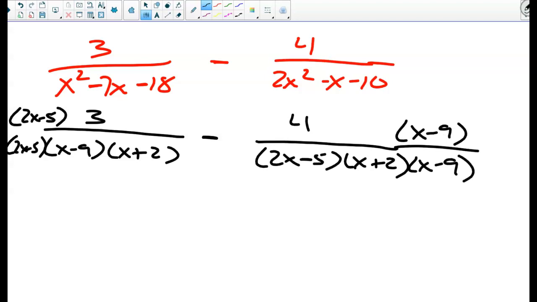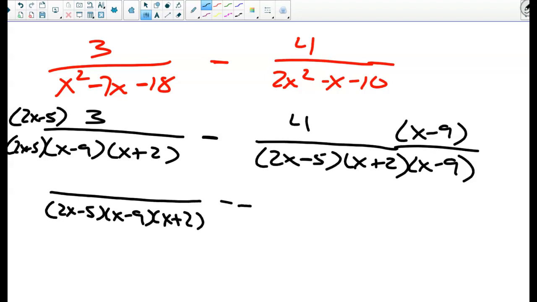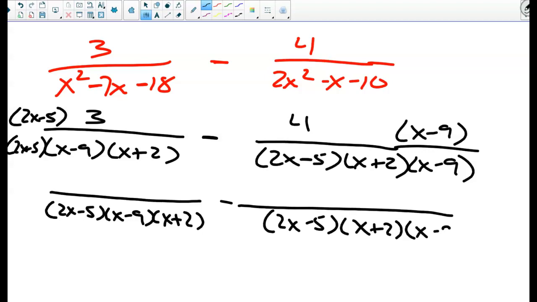Okay? So now, 2x minus 5, x minus 9, x plus 2. Minus 2x minus 5, x plus 2, x minus 9. If the order's not the same, that's okay. But we have the same three terms in both denominators. Now I distribute up top. 6x minus 15 minus a 4x minus 36.